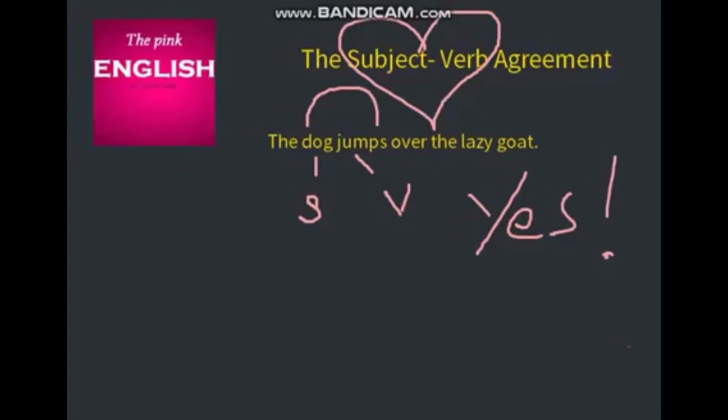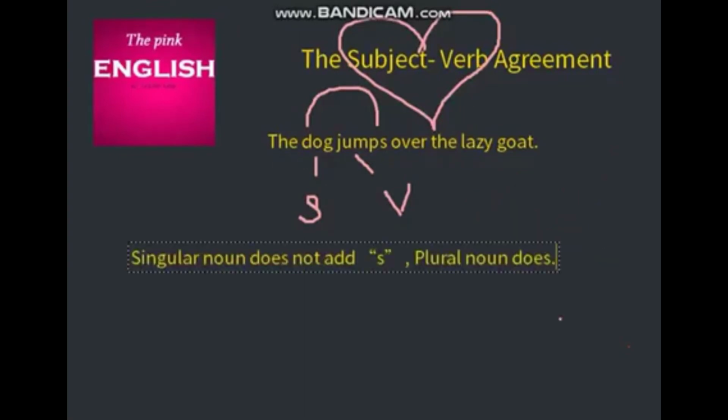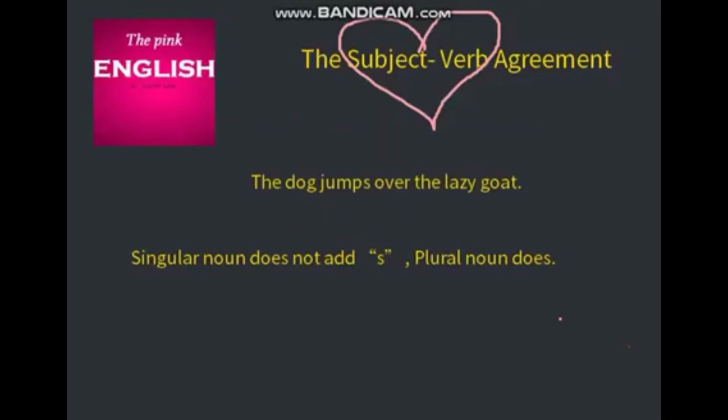Let's analyze. Remember that singular noun does not add s. Plural noun does. So, is the subject dog singular or plural? Great, it is singular. How about the verb jumps?